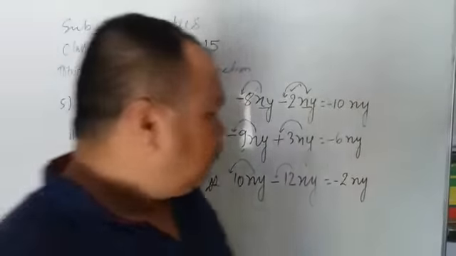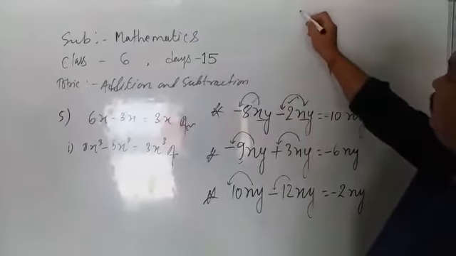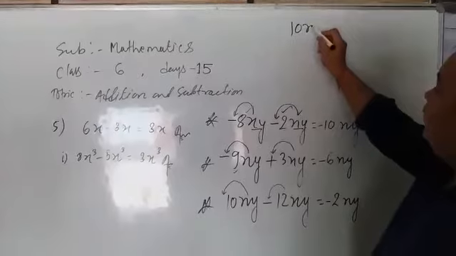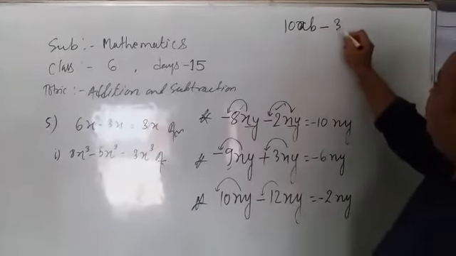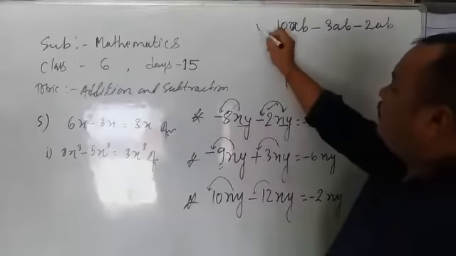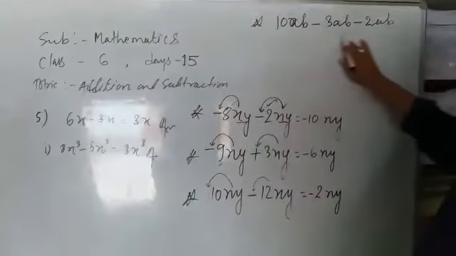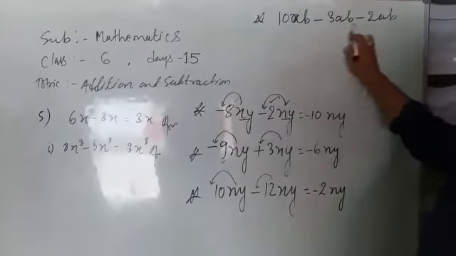Okay, so another example: 10ab minus 3ab minus 2ab. It is a simplification example. So first of all, we see whether they are like terms or not. Yes, of course they are like terms.